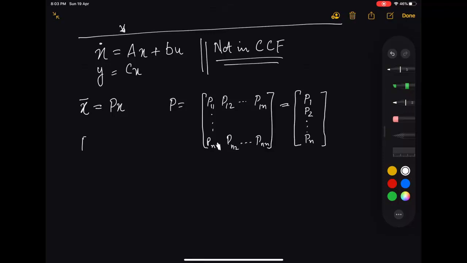So P is an n cross n matrix, and the rows are P1. So the P1 row would be a 1 cross n matrix, similarly for P2, P3 up to Pn. When you apply this transformation to this system, you get a transformed system, and we are assuming that the transformed system that we get is in controllable canonical form.